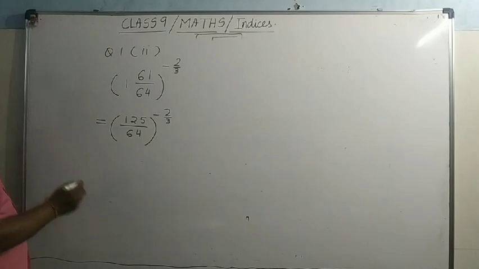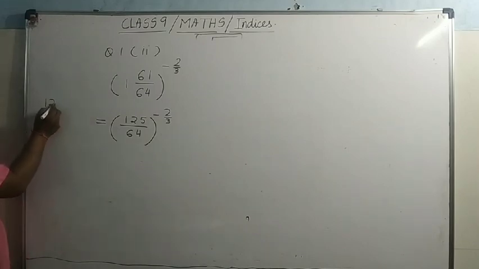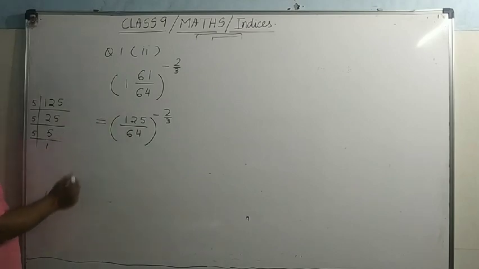Now 125 can be written in power form. So when you write it in power form, 25, then 5, then 1. So 5 to the power 3. 64 we will write in prime factorization because that is better, though here we can write 4 to the power 3 also.